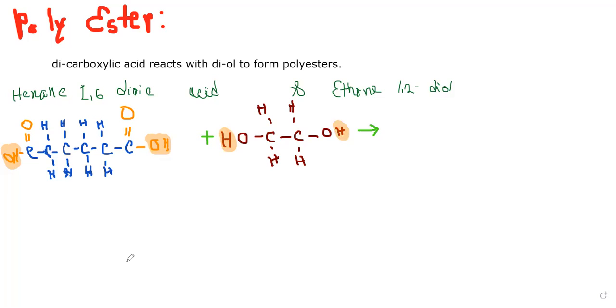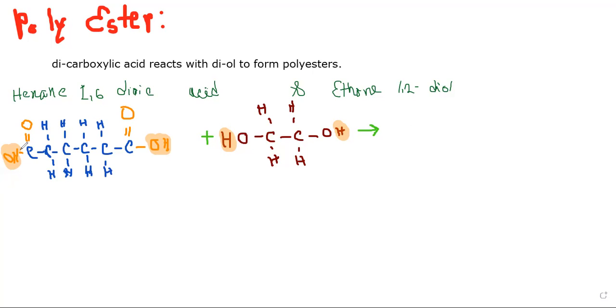What we are going to do is remove the highlighted portions. That is, we are just going to remove OH, OH, H, and H and attach these two. That is all. As I have mentioned earlier, we are just going to remove them. So let's see.